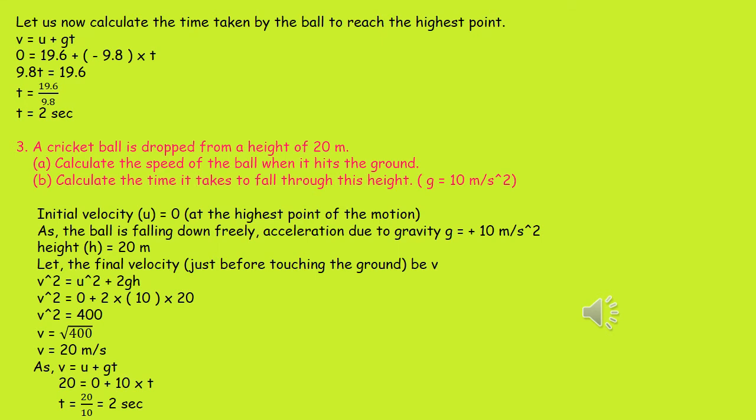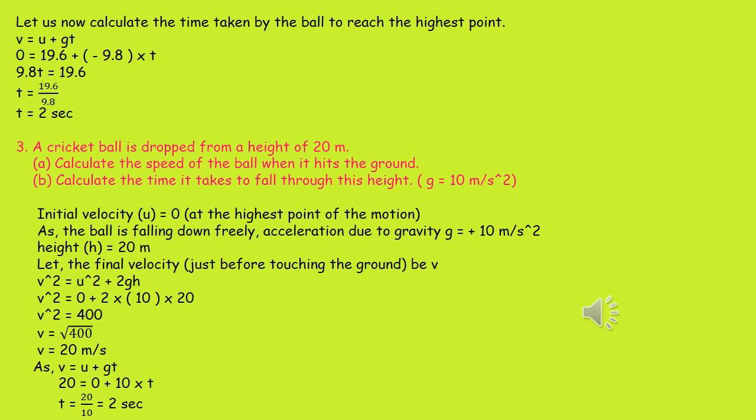As the ball is falling freely, acceleration due to gravity g will be plus 10 meter per second square. Note that in this sum, g value is given as 10, so we did not take 9.8. We have to use whatever value is provided in the question. Height is equal to 20 meter.